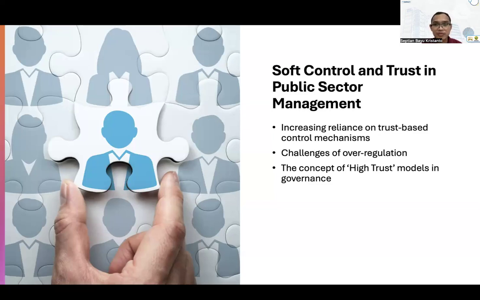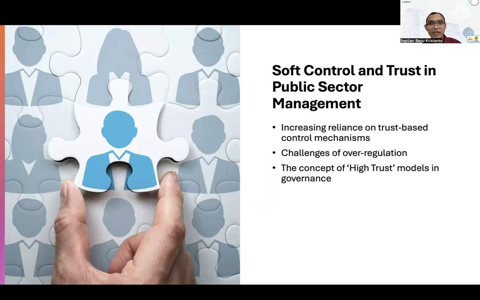So these challenges act against over-regulation. Maybe we can create actions that are beneficial for our customers, like the citizens or human beings.